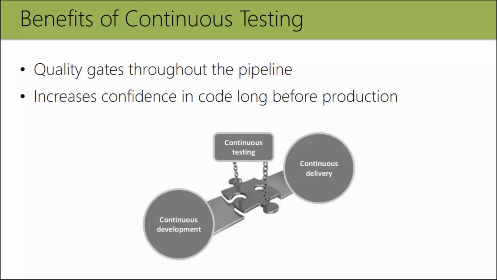And finally, the benefits of continuous testing: simply, it ensures quality gates throughout the pipeline, and it increases confidence in code long before production. So with continuous testing, the end results are great and you'll have a seamless piece of software being produced towards the end because it's reiterative.